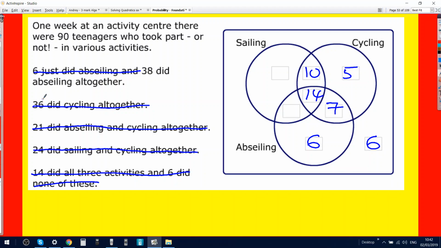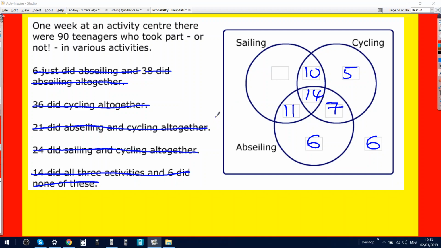So you'd have 14, 7, and 6, so that would be 27. So that leaves 11, and then you would add the total of 10, 14, and 11 to get 35. Who did sailing? I'm not sure.